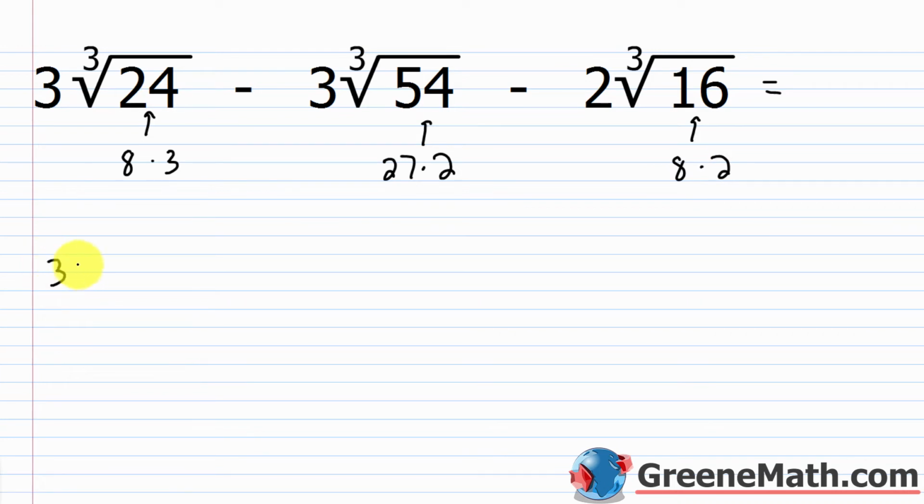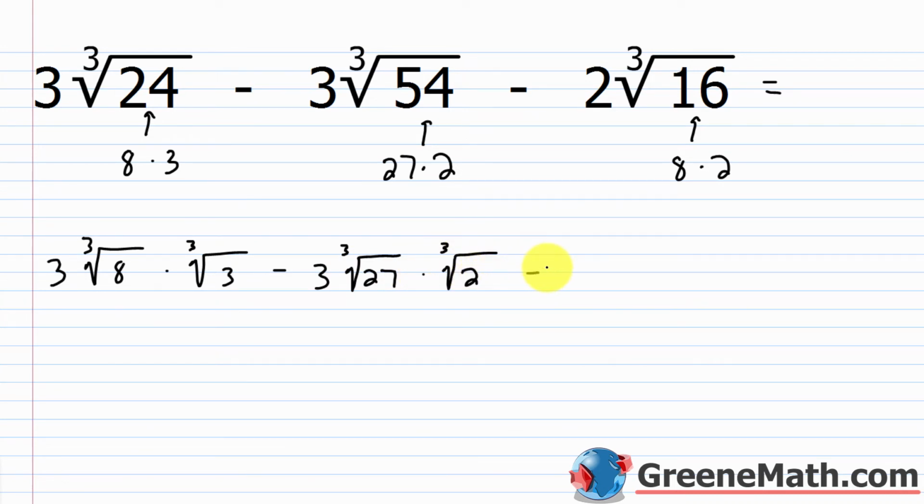We'll have 3 times the cube root of 8 times the cube root of 3 minus 3 times the cube root of 27 times the cube root of 2 minus 2 times the cube root of 8 times the cube root of 2. So we look at what we can do here. We know that this would simplify, it would be 2.